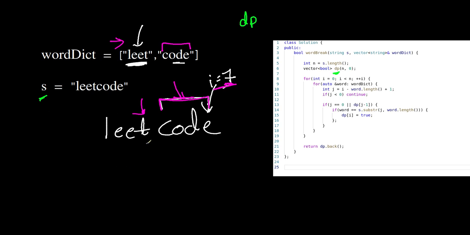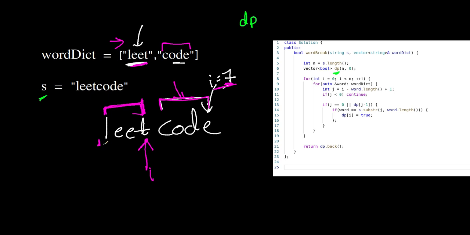Another example, if we want to solve for this index, we check if there is any word in the dictionary that equals this word, and also db of j minus 1.